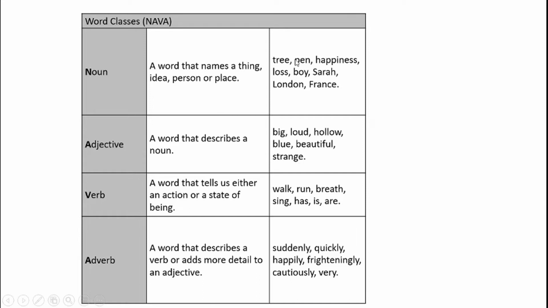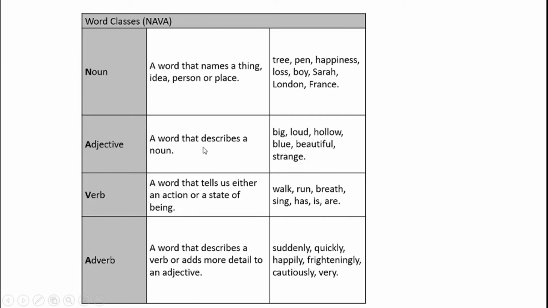Some of these are things that are physical, for example, a tree or a pen or a boy, or Sarah or London or France. However, happiness and loss are ideas, they're concepts. You'll notice also that Sarah and London and France have got capital letters at the start because they're proper nouns. They name a specific person or place, and we always put a capital letter at the start of those.